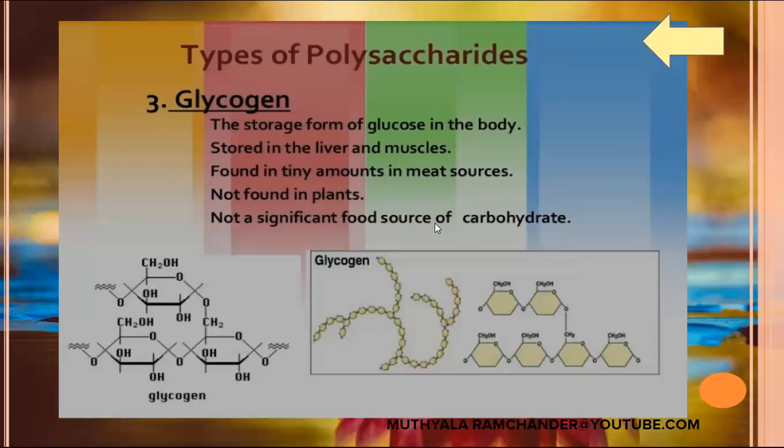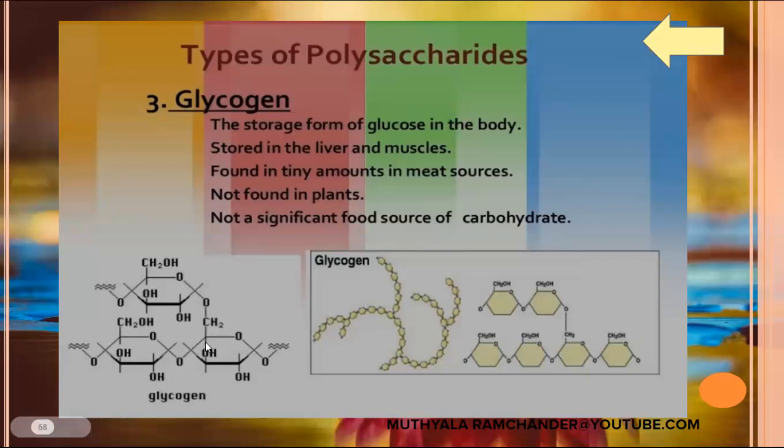It is a white powder that readily dissolves in water. The glycogen solution gives a reddish brown color with iodine. It is a branched polymer of glucose with alpha 1,4 glycosidic bonds and alpha 1,6 glycosidic bonds.